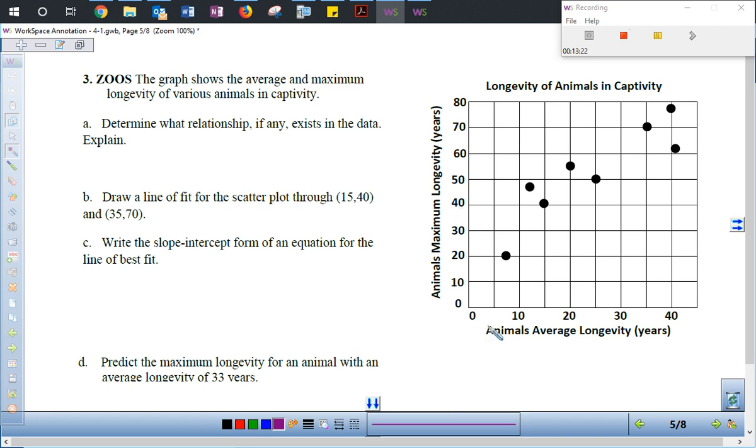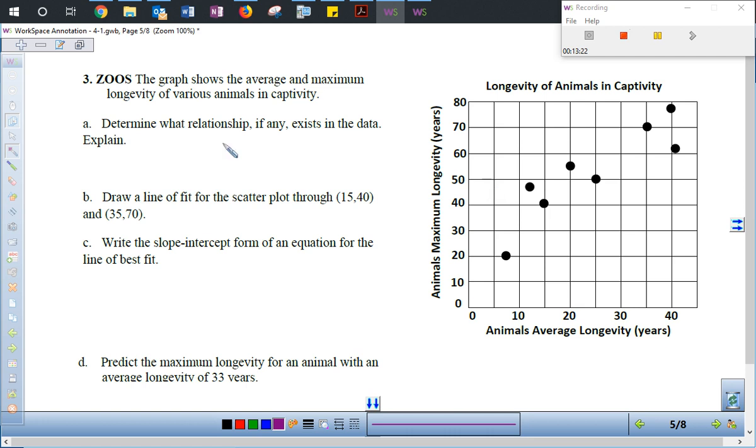For example, here, if we've had an animal that has an average lifespan of 15 years, it has lived up to a maximum of 40 years before. Or here, we've had an animal that has an average lifespan of 25 years, but they've had one that's lived up to 50 years before. So that's how to read the graph.